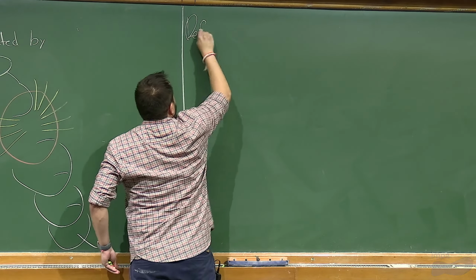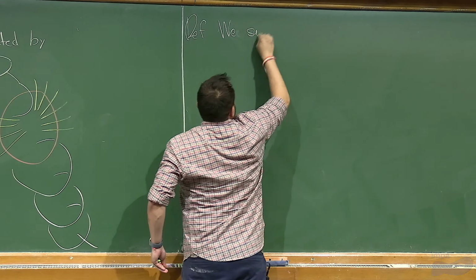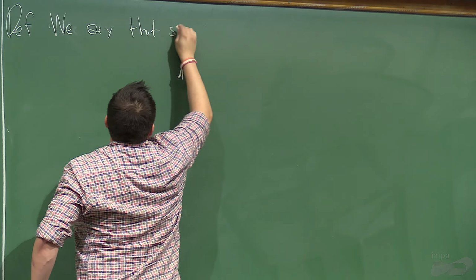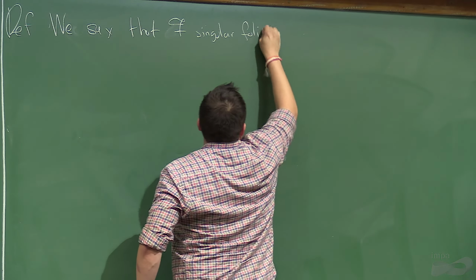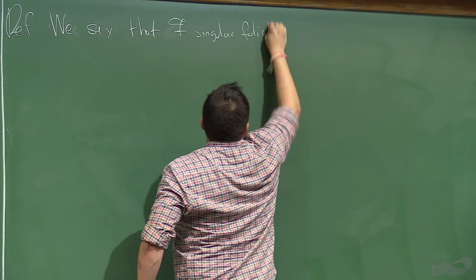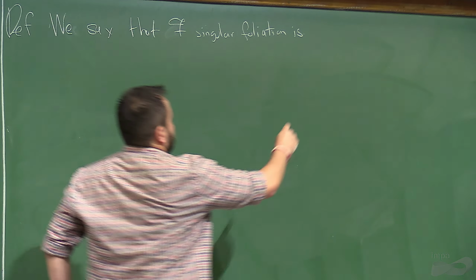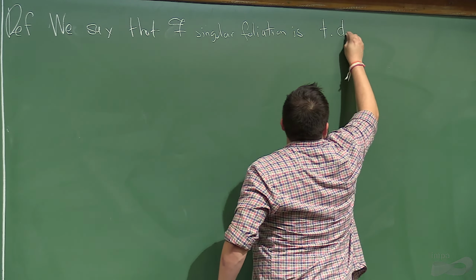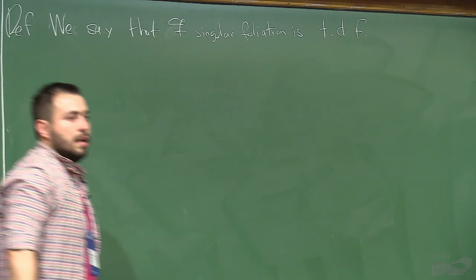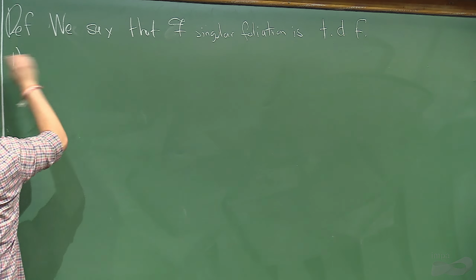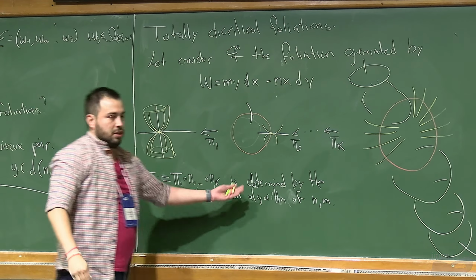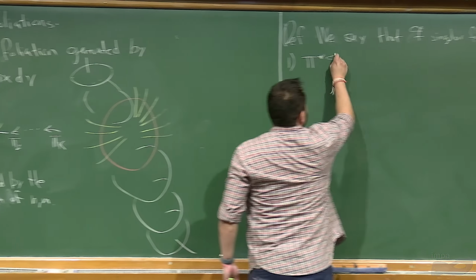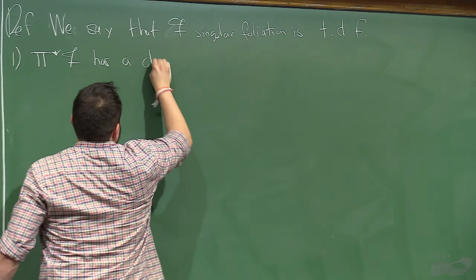A definition. So we say that a singular foliation is a totally dicritical foliation, okay, if it satisfies that the strict transform by the sequence given by the composition of these blowing ups has a dicritical component in the last one.